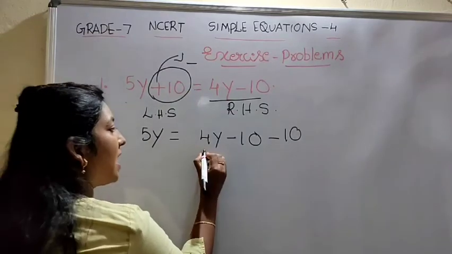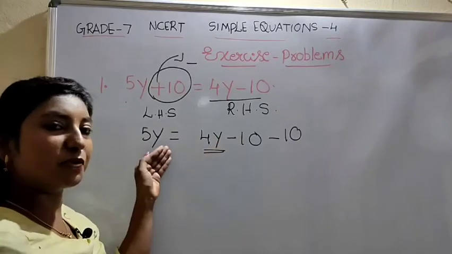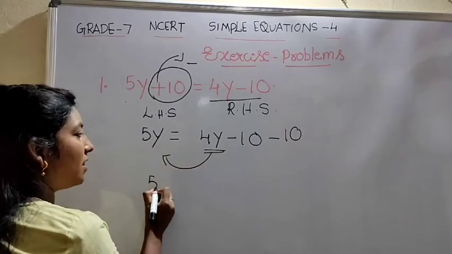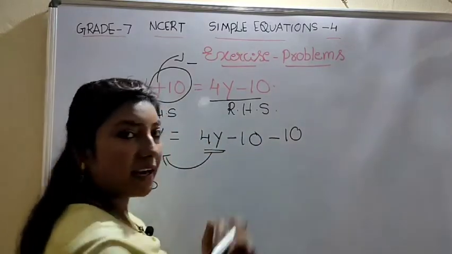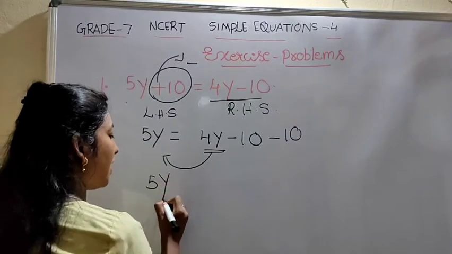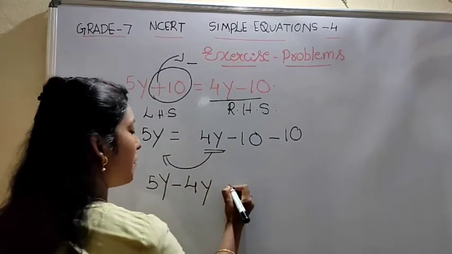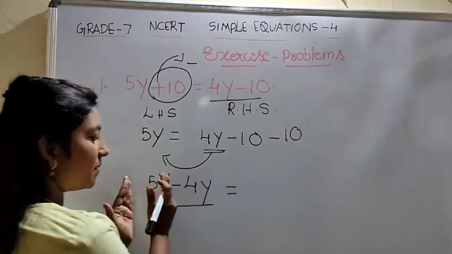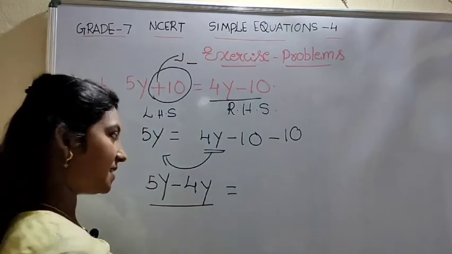So here we have a variable, that is 4y. Now I am getting this to the left hand side, that means this side. So all the variables to the left hand side, all the constants to the right hand side. So 5y minus 4y, which is equal to, so I have brought all the variables to the left hand side, all the constants to the right hand side.